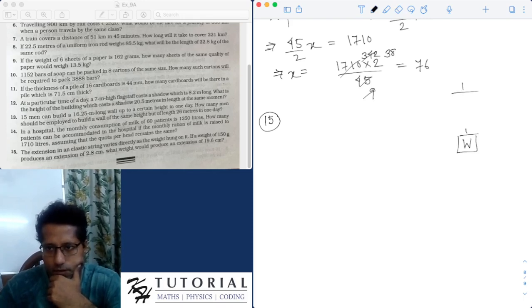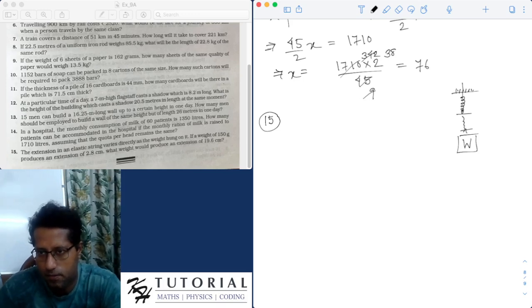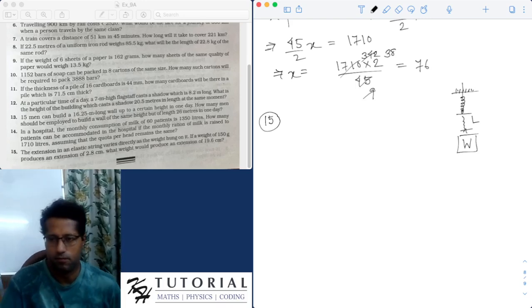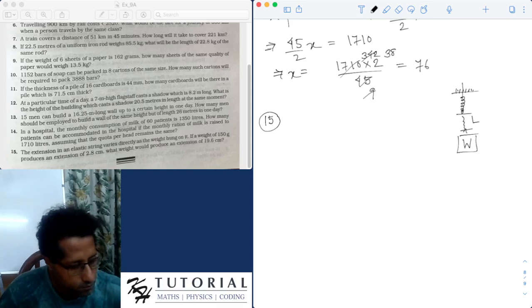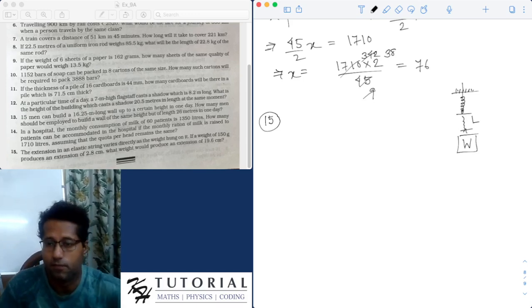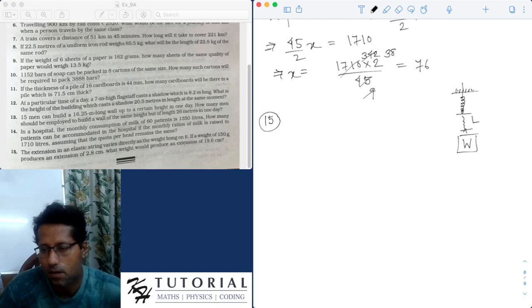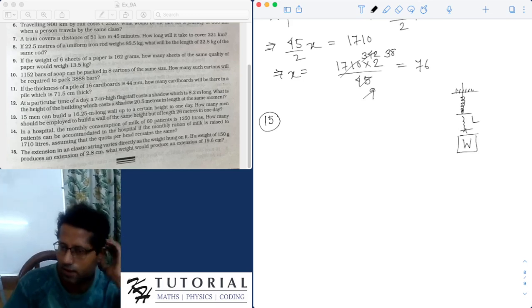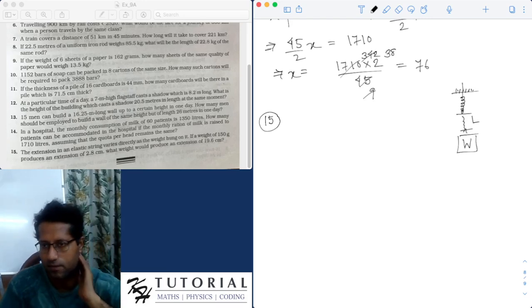If this is the wall, the string was like this and it got extended. This portion is the extension length, and this is the string. If W represents the weight of some object, and L is the extension of the string due to this weight, then it is saying that L and W vary directly.